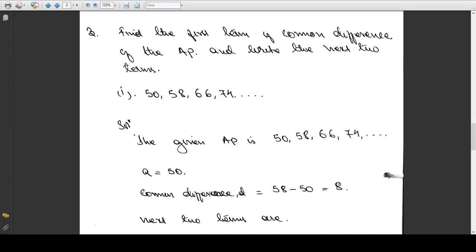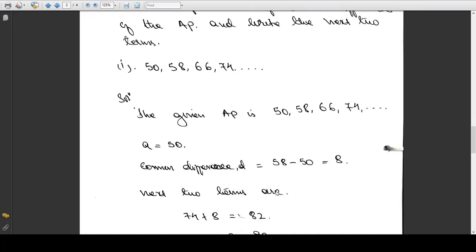As we have done in the previous problem, the difference between any two consecutive terms is the common difference. Here the second term minus the first term, 58 minus 50, is 8.